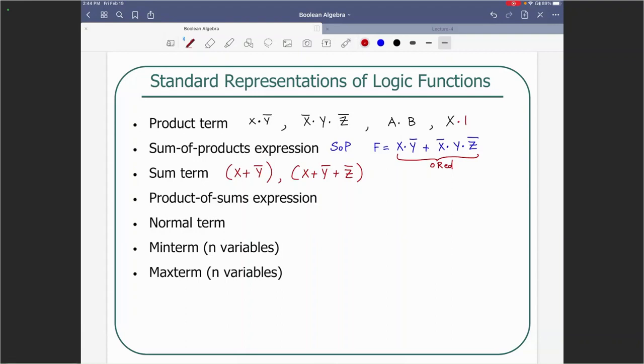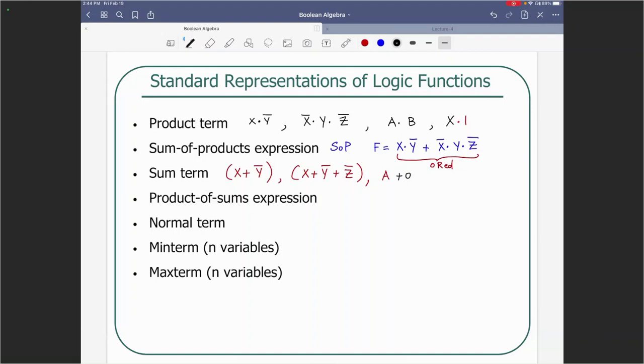And if you look at just A or B, it is the same as saying A or 0. So when you have just one variable, it actually falls under the category of both a sum term and a product term, because if you put an OR gate with a 0, you get back your A. So that's your sum term.